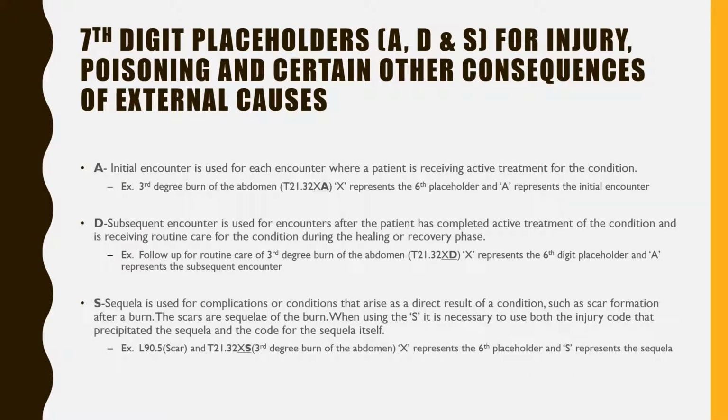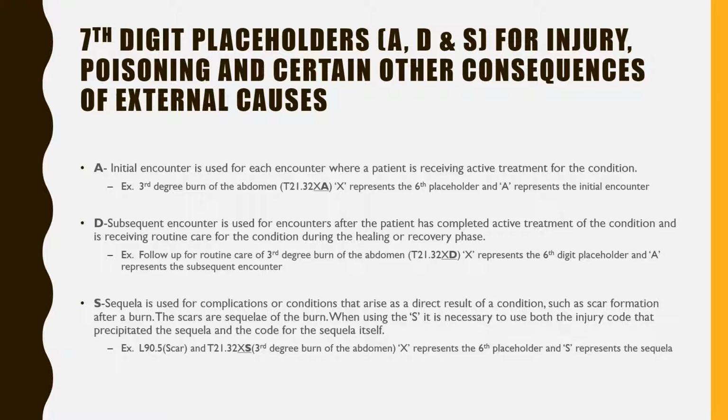Our 7th digit placeholders, letters A, D, and S, are used for injury, poisoning, and certain other consequences of external causes. This is typically where you would use the 7th digit placeholder when you're assigning your ICD-10 codes. Letter A represents the initial encounter, used for each encounter where a patient is receiving active treatment for the condition.